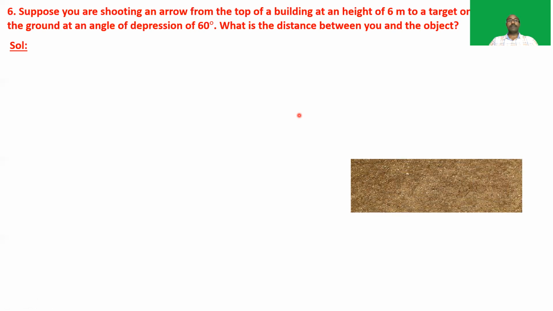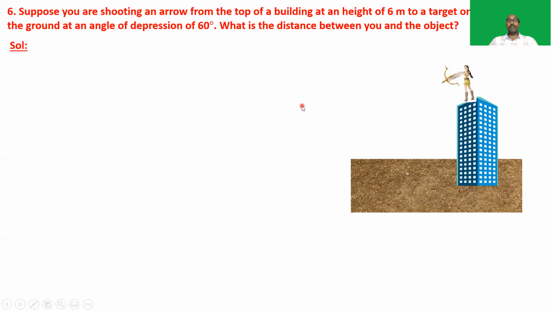This is the ground and there is a building on the ground, and now you are at the top of the building with an arrow, and the target is on the ground. You are aiming at the target from the top of the building.